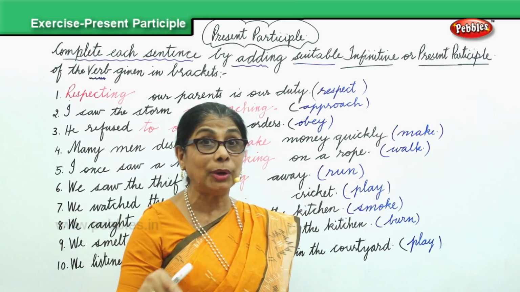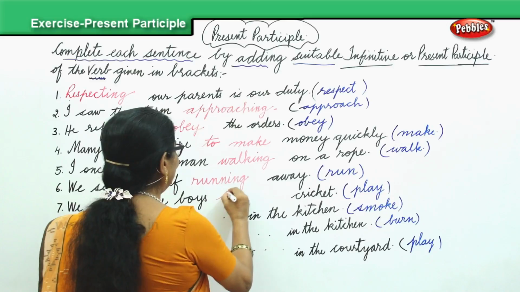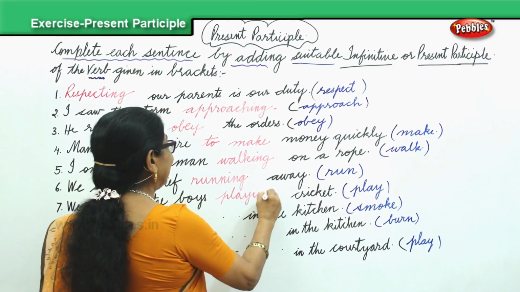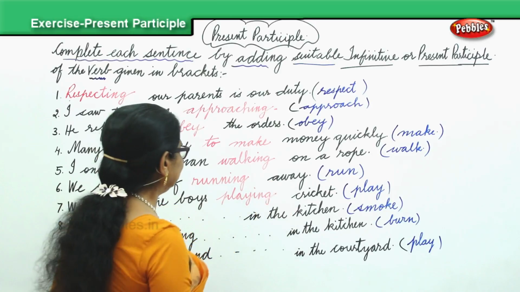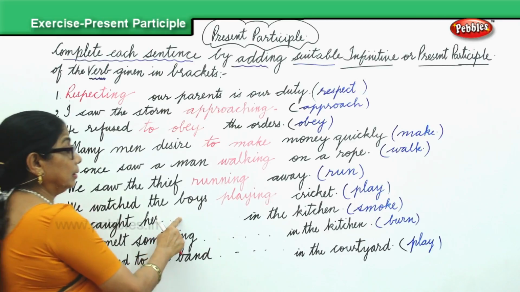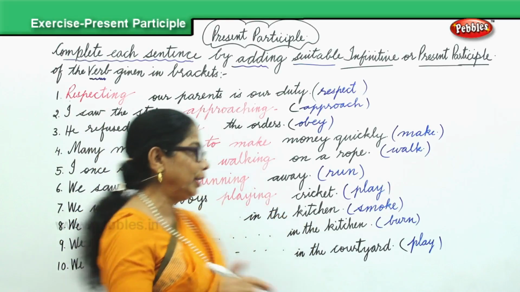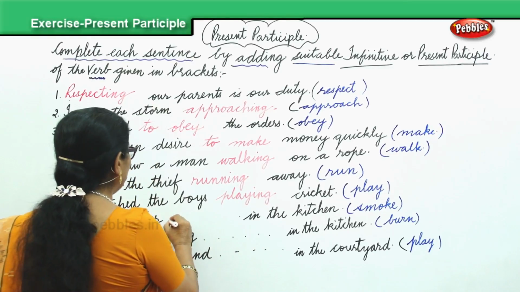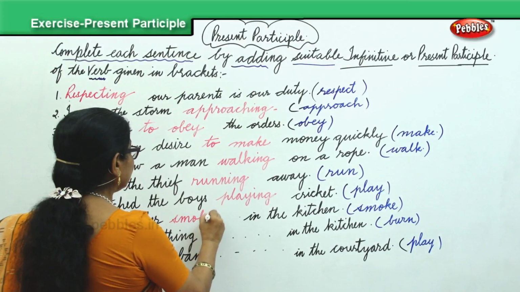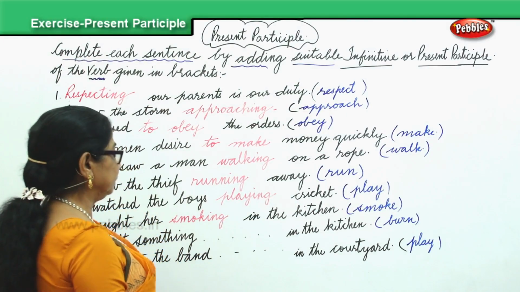We watched the boys playing cricket. Good. Next. We caught her in the kitchen. What was she doing? Smoking. Very good. We caught her smoking in the kitchen.